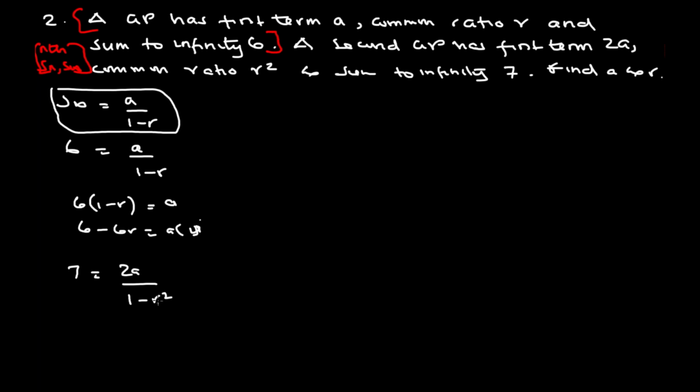So this is not the same R as this one. It's just, we could have changed this to say maybe this is X, this is Y, whatever, but we shouldn't complicate it. Let's leave it like this. Right. So then we can expand this to say 7 minus 7 R squared is equal to 2A, like that.